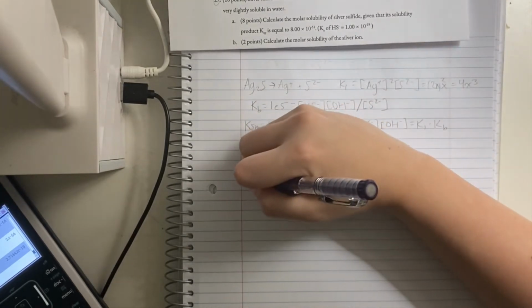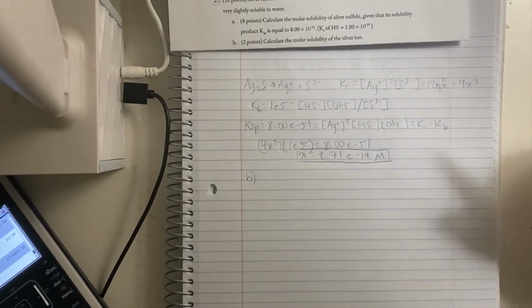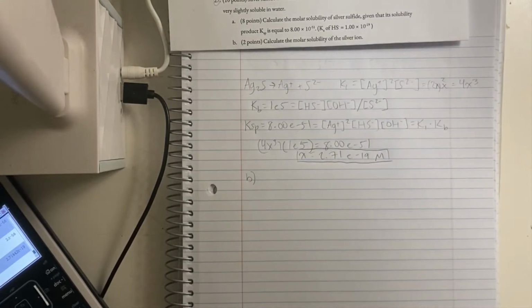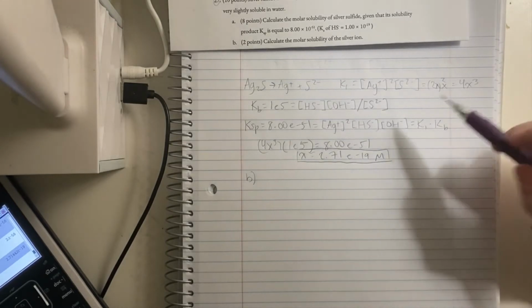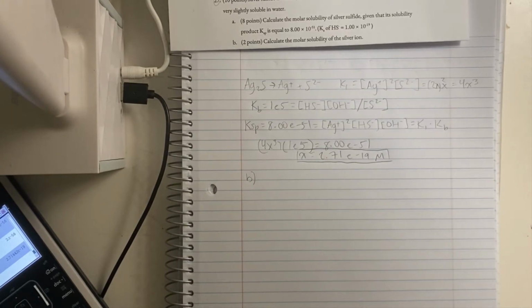And for B, B is actually really simple. It says calculate the molar solubility of the silver ion, and because the silver ion is 2x, we just multiply x by 2 to find the molar solubility of the silver ion.